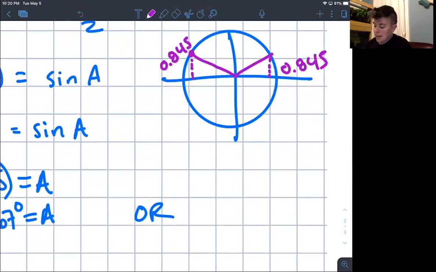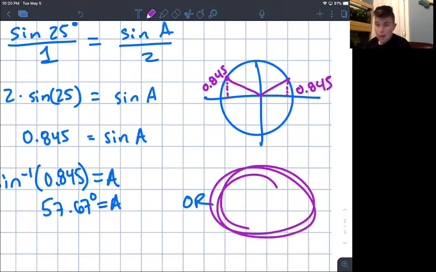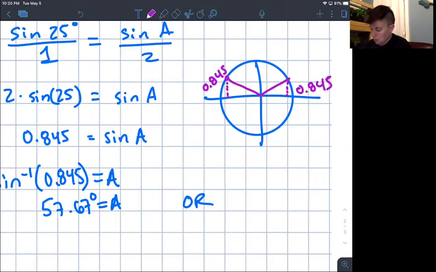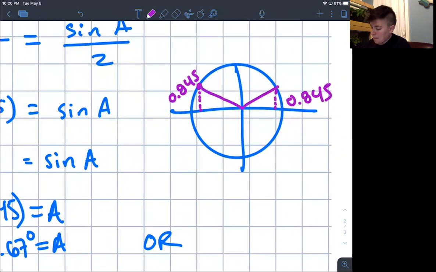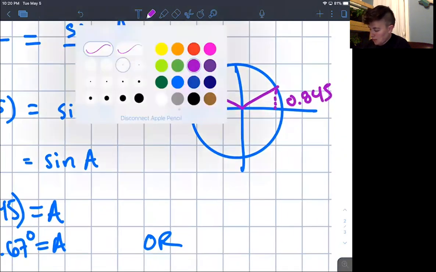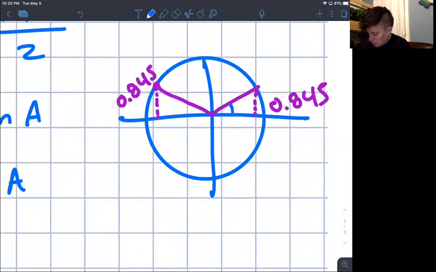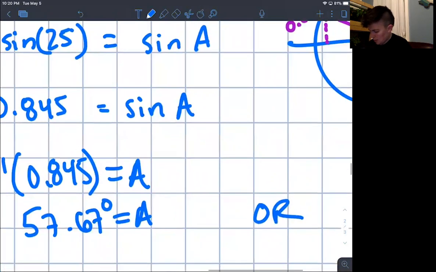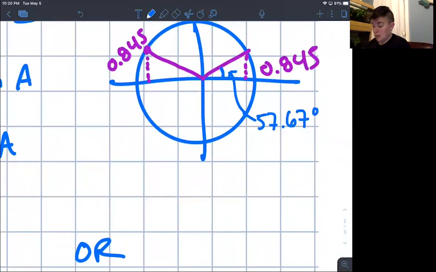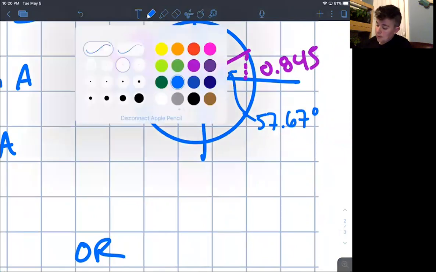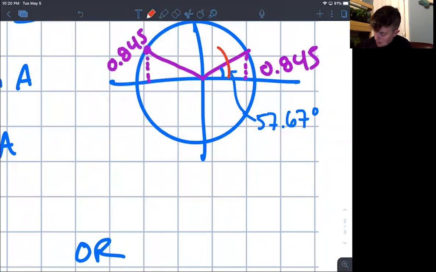To find that other possible angle, since I know I have 2 solutions, I know that the angle I found was 57.67 degrees. That's what we found, right? So to find this angle right here, the red angle, let me draw that a little bit better.